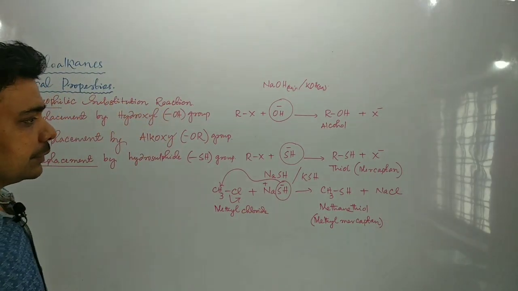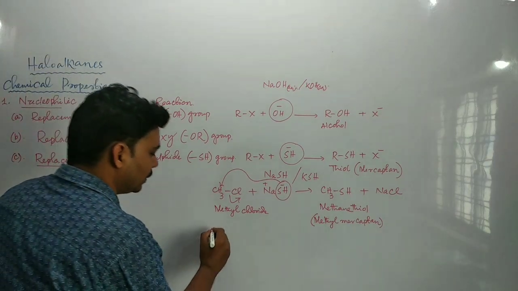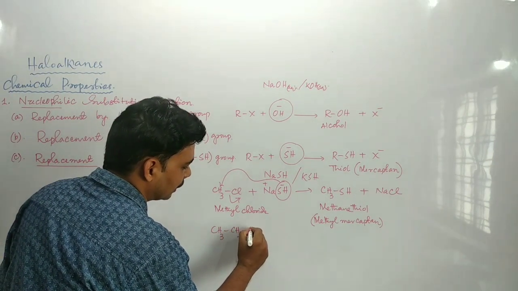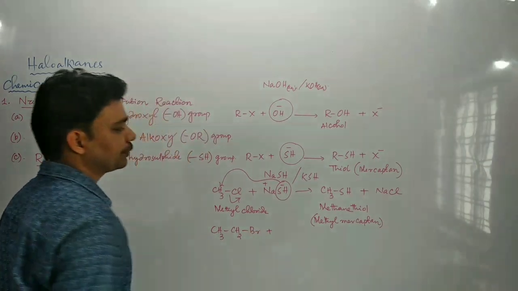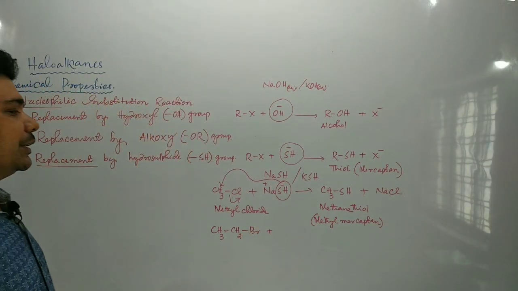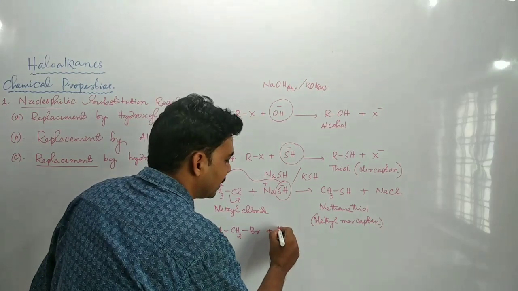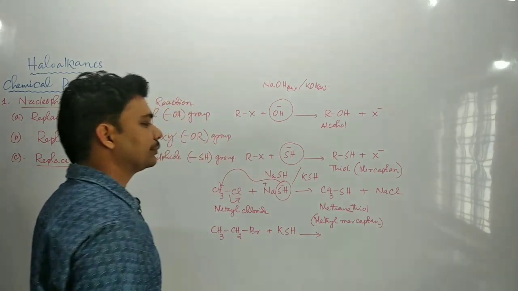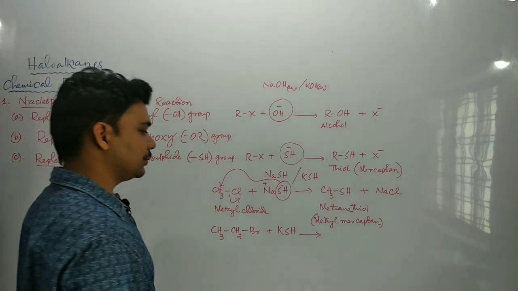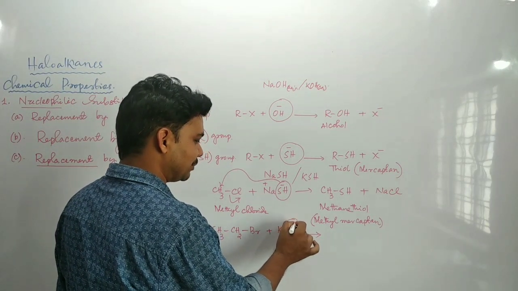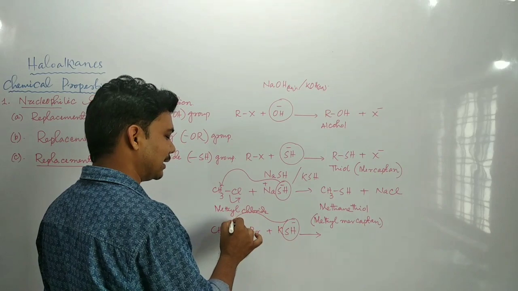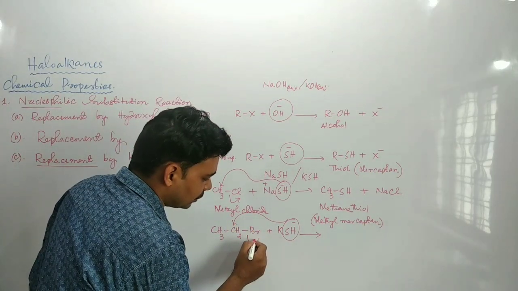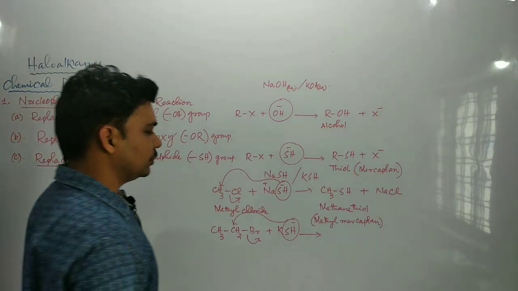Okay. Similarly, we can take another example. Let us consider CH3CH2Br as our substrate. When this is treated with potassium hydrogen sulfide, KSH, now tell me what will be your product. Here the nucleophile is SH minus, that will attack this carbon containing the halogen. This Br will be the leaving group.